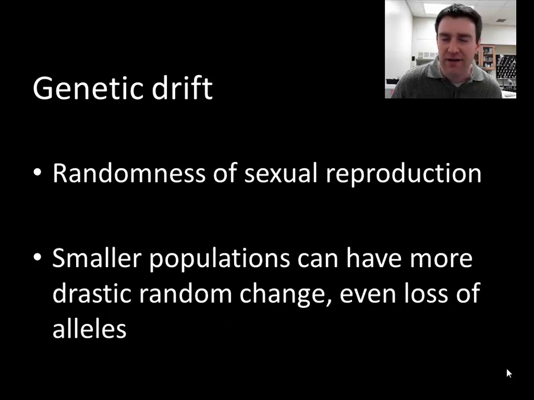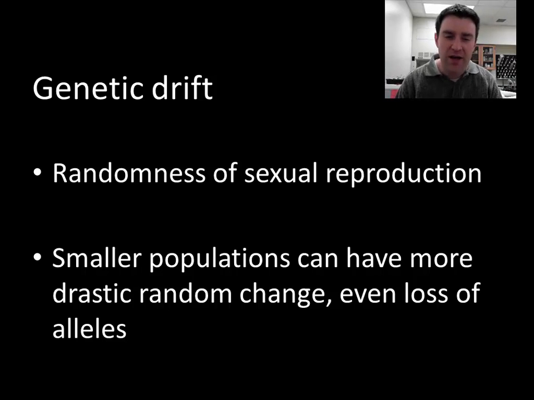But it doesn't even have to involve those two. Sometimes just the randomness of sexual reproduction can create differences. Punnett squares help us predict what ought to occur in the next generation, but sometimes, if you're supposed to produce a certain percentage of phenotypes in your offspring, each offspring might be different from what is predicted by a Punnett square.